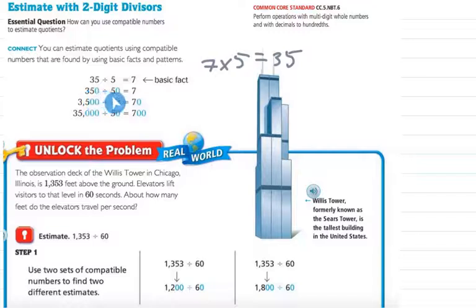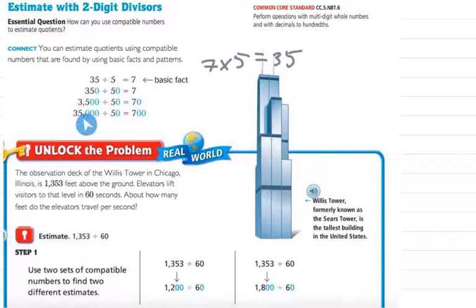350 divided by 50 would be 7, because we know that 7 times 50 equals 350. Again, 3,500 divided by 50 would be 70. We can check that by using multiplication because 70 times 50 is 3,500.